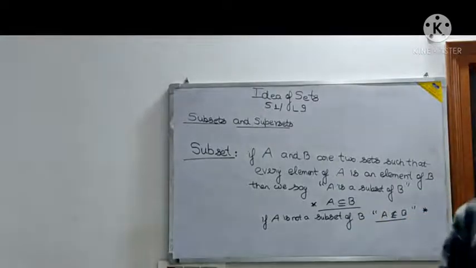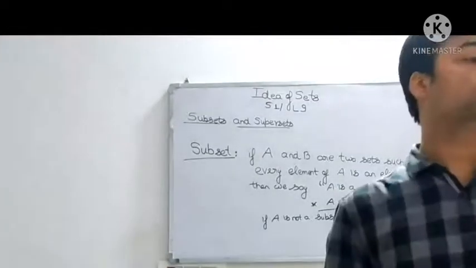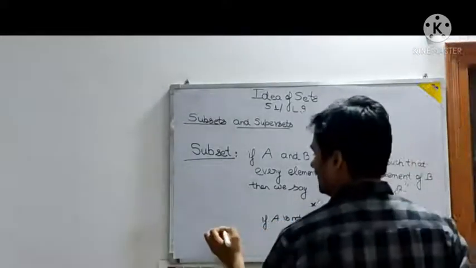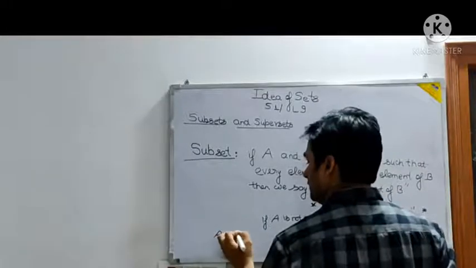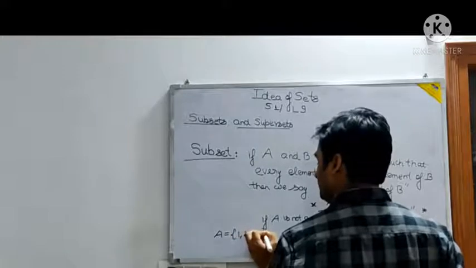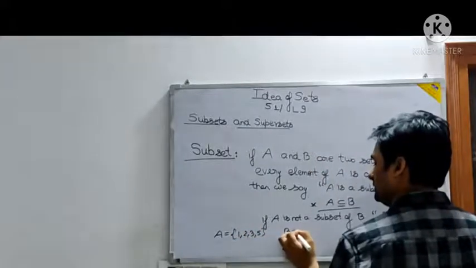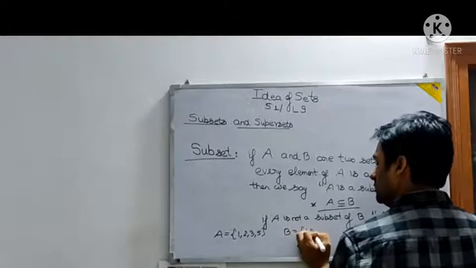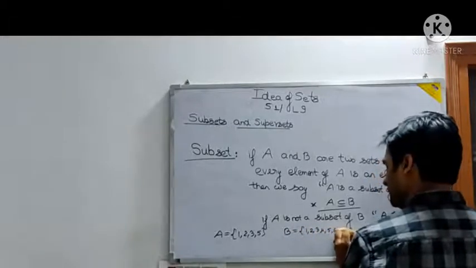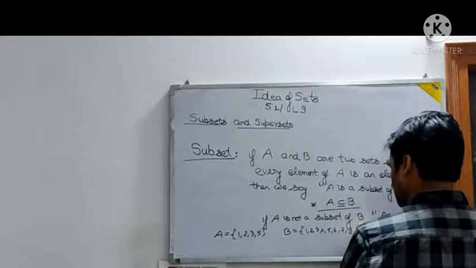This was the definition. Is it clear? That if two sets are there, A and B, such that every element of A is in B, then we say that A is a subset of B. Now suppose A contains 1, 2, 3, 5, and B contains 1, 2, 3, 4, 5, 6, 7, 8, 10, 12.